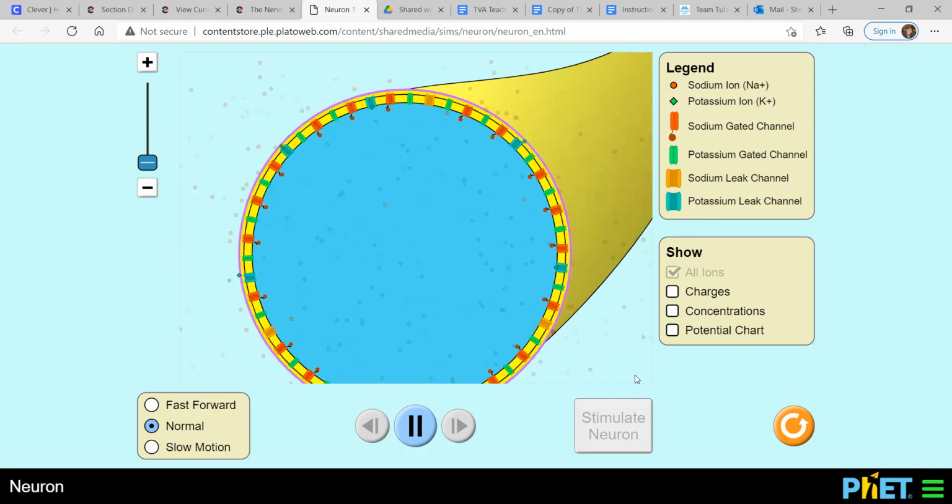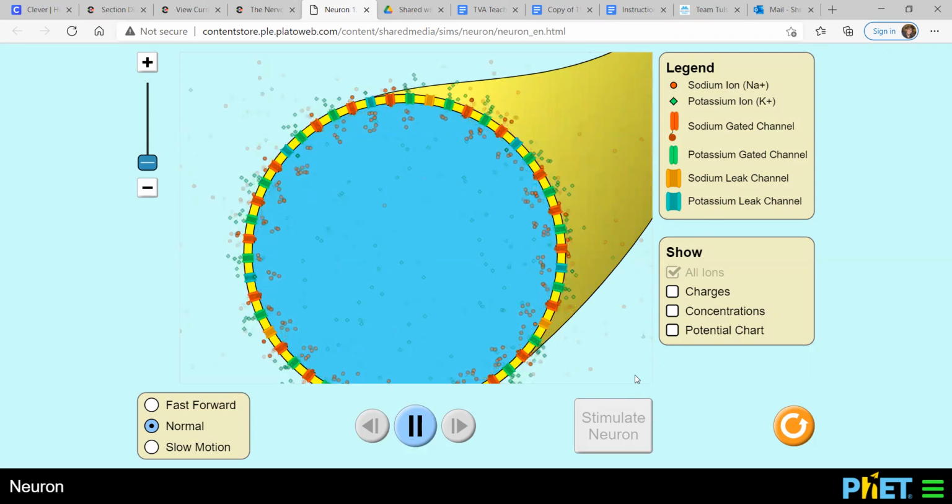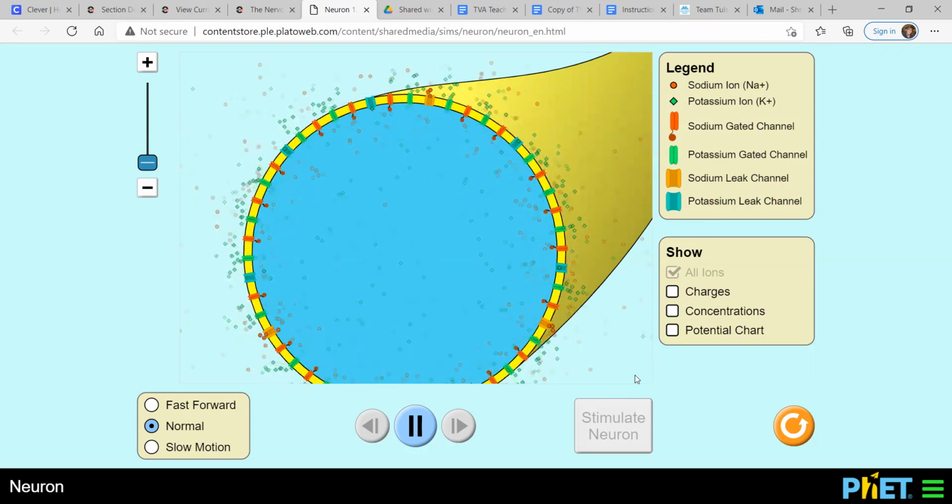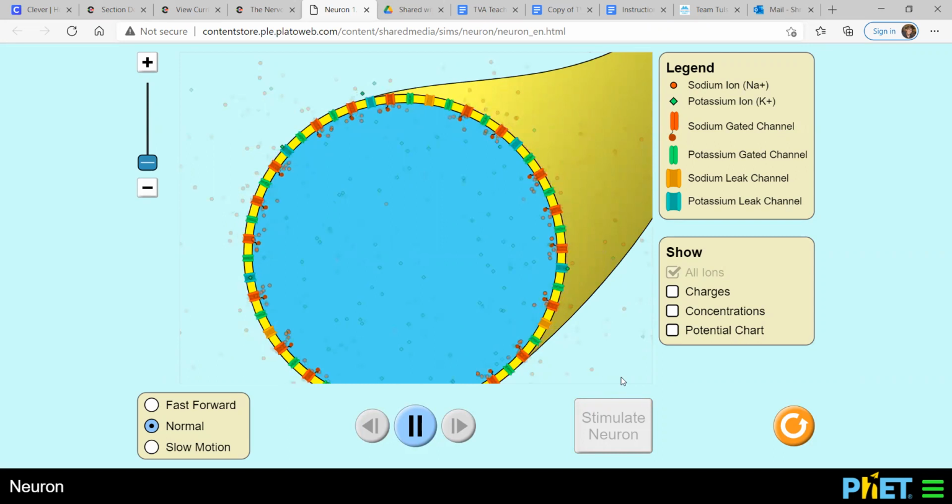So we just stimulated the neuron. Oh, it looks like sodium ions were entering the cell, and potassium ions were leaving the cell. Let's do that again. Just stimulated it.